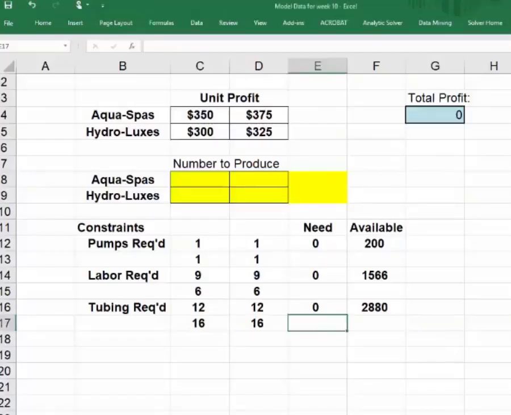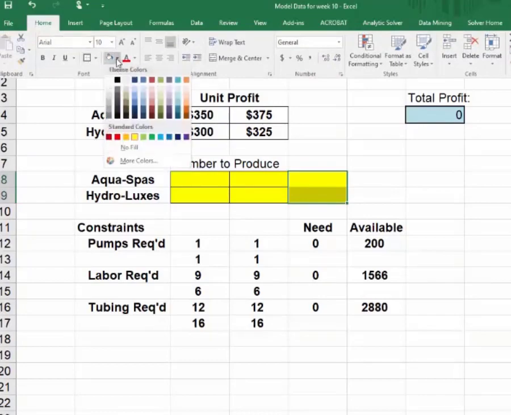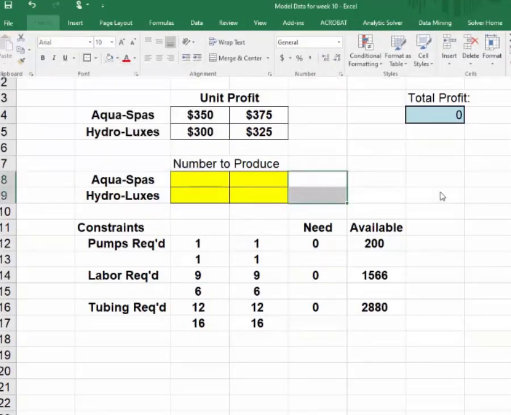Okay, so it's the sum product of these four cells with these four cells to represent the third constraint here. Okay, and I want to change the color here. I don't want to shade those ones.